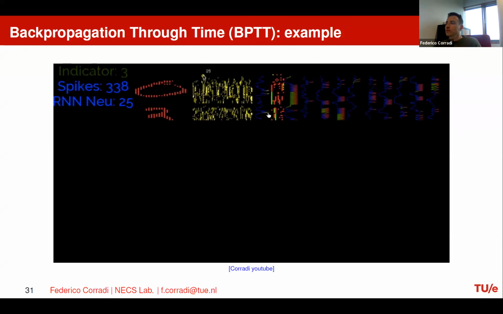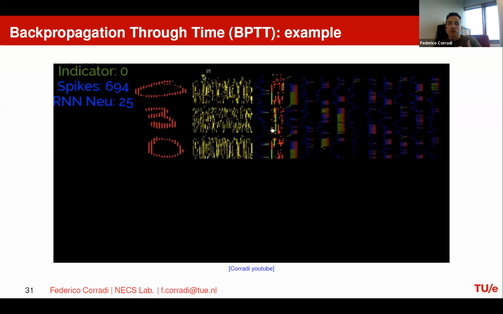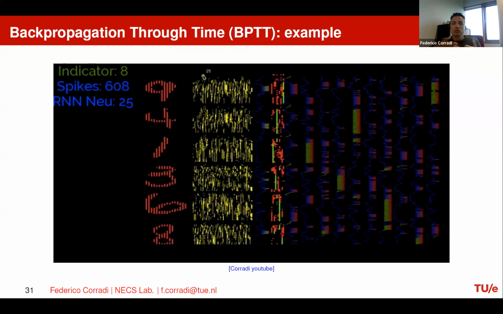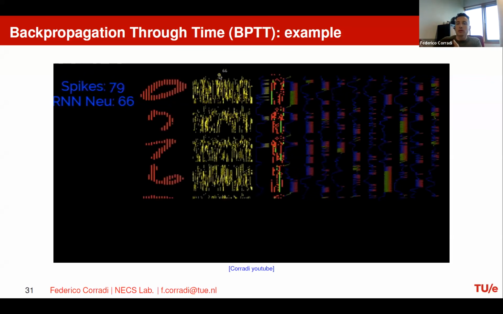And so in the output of the neurons, you see 0, 1, 2 was mostly active at the beginning. But then when the network started seeing the rest of the 3, so this other small shape, it immediately switched to the 3 output here, right? And this is nice because it shows that there is memory in the network, and the network is actually using the information that it has seen in order to make predictions.